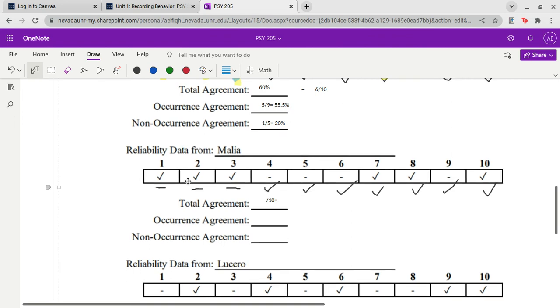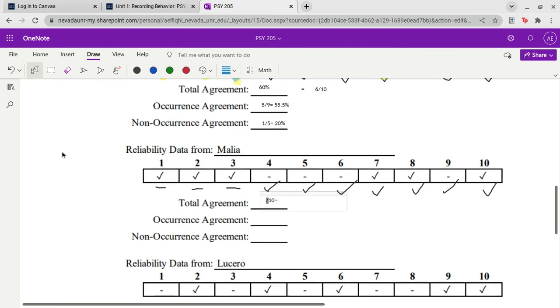So we're going to go through and look at ones in which we have agreement, whether it is occurrence or non-occurrence. So with Malia, we have, let's see, this one is not agreement, or that one, or that one. That one is not, that one is not, that one is not. And then we have 7, 8, and 10 in which we agreed. So that one we only have 3 agreement out of 10 total intervals. And so that is 30%.